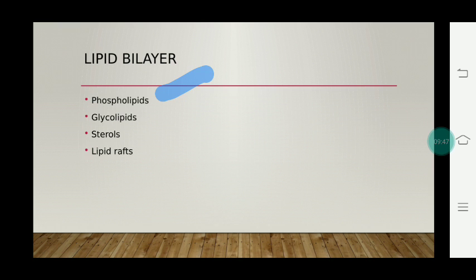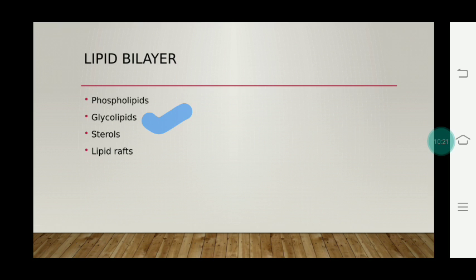Now, what is glycolipid? Glycolipids contain carbohydrate, either monosaccharides or oligosaccharides, covalently attached to the lipid. This can derive from either glycerol or sphingosine. The simplest glycolipid, called cerebroside, contains a single sugar residue, either glucose or galactose.